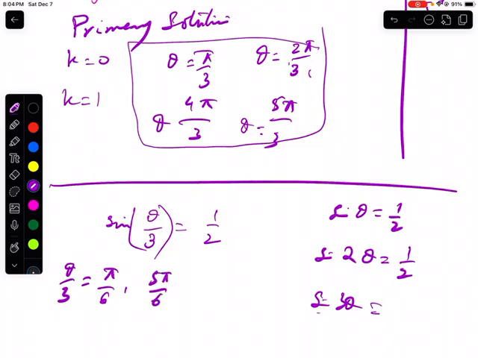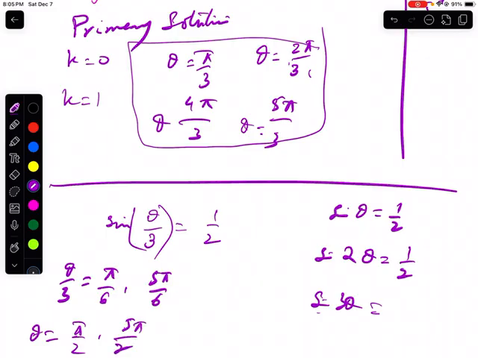So theta will be equal to, and now we multiply by 3, so it becomes pi over 2 and 5 pi over 2.